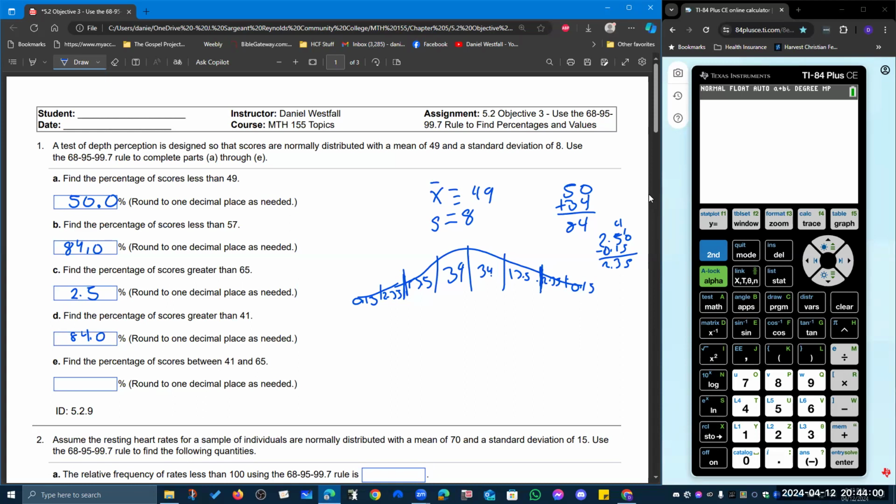And between 41 and 65, 65 is over here, 2 standard deviations away. Yes. So that's 68 plus 13.5 is 81.5.